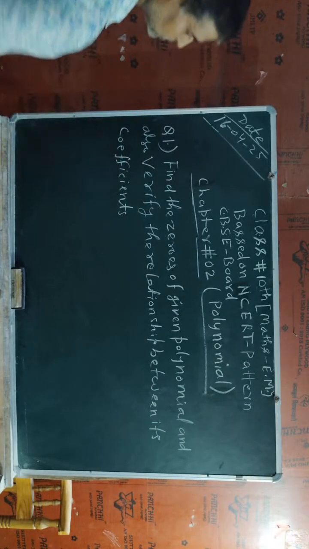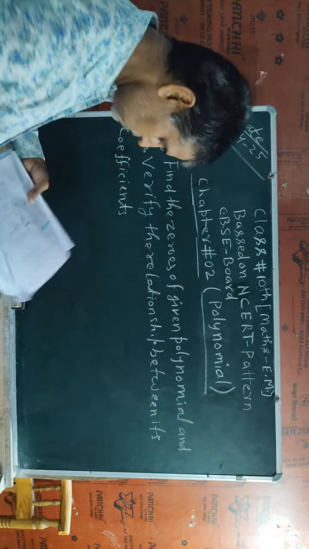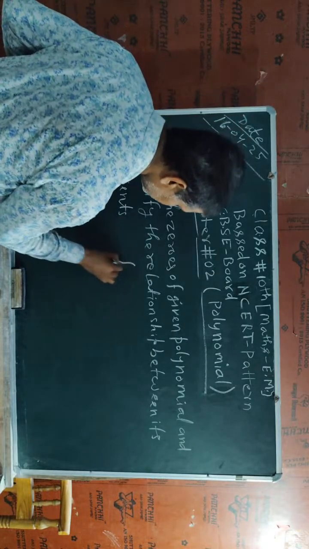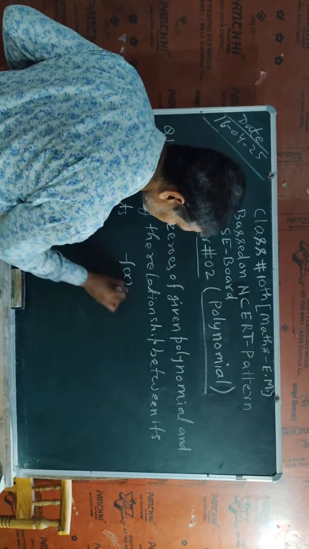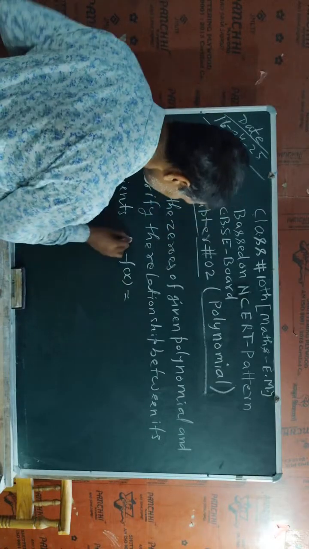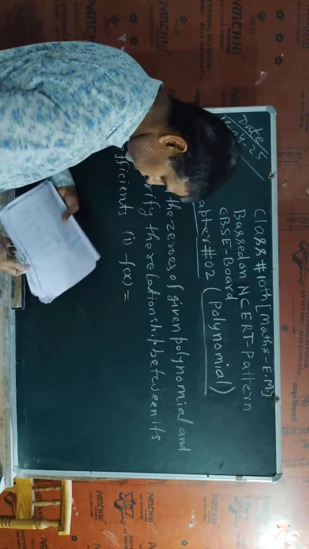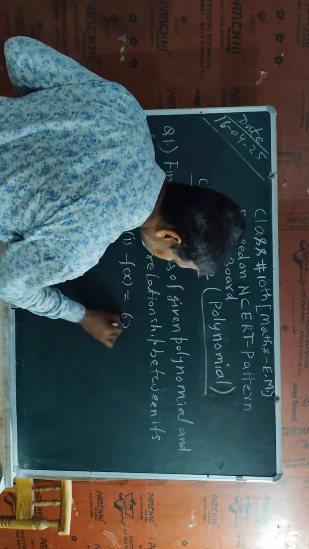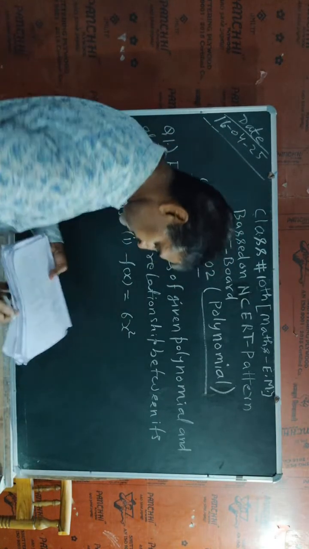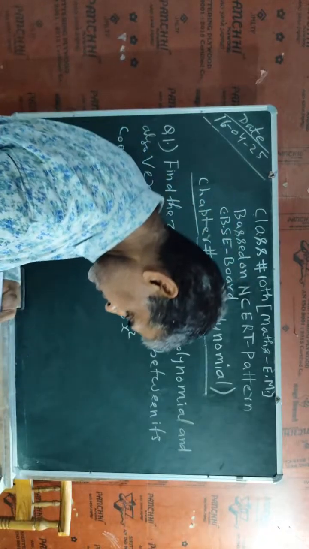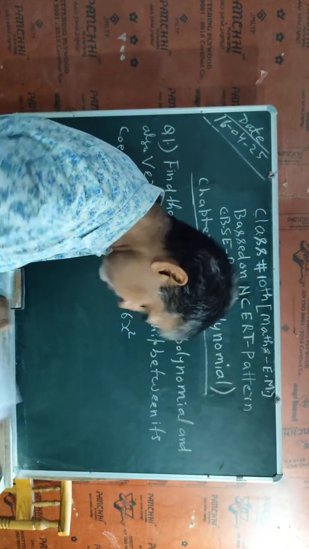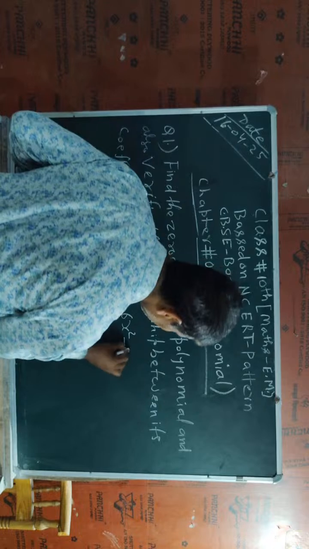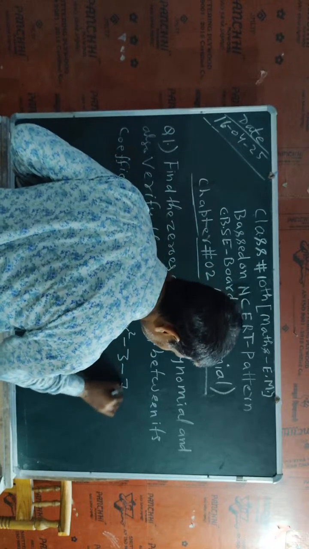So here I am going to write the polynomial. One polynomial I am calling f(x), which is written as, I am saying this is polynomial number one, 6x square minus 3, here minus 3 is written minus 7x.